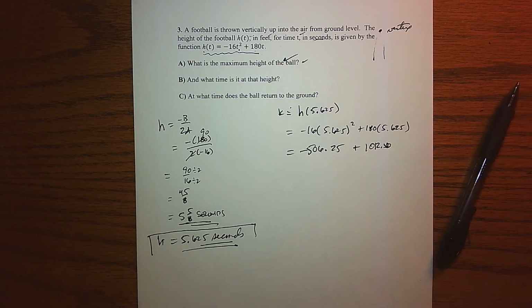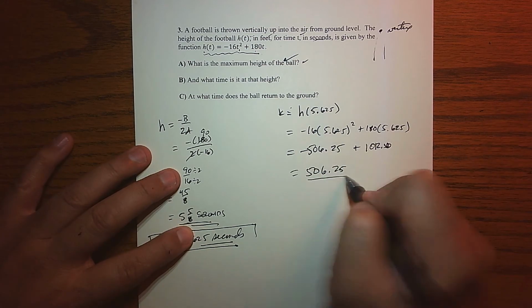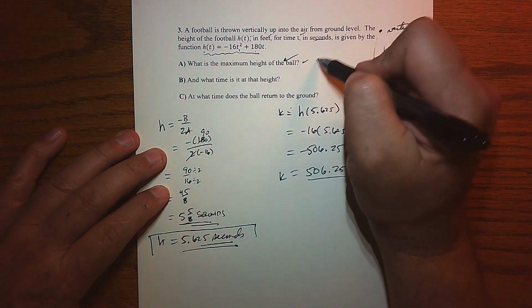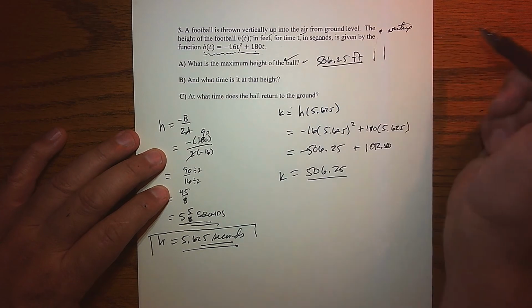So subtract the 506.25 from that, and I'm getting 506.25. So there's our vertex. There's our k value. So what is the maximum height of the ball? 506.25, and this is measured in feet.